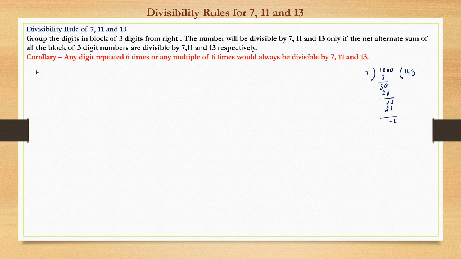For 7, n by 7 we will see. Let's suppose n is ABCDEFGH.